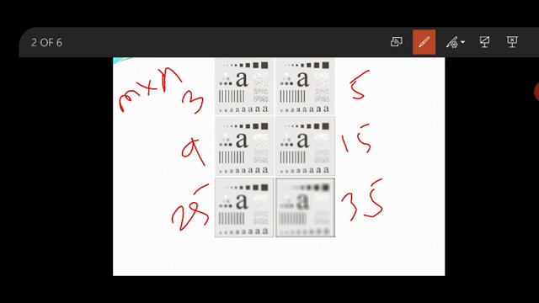Now you can observe the smoothness of the image. You will find the smoothness better in 3 and 5. Why? Let us assume the image is 500 by 500 pixels.